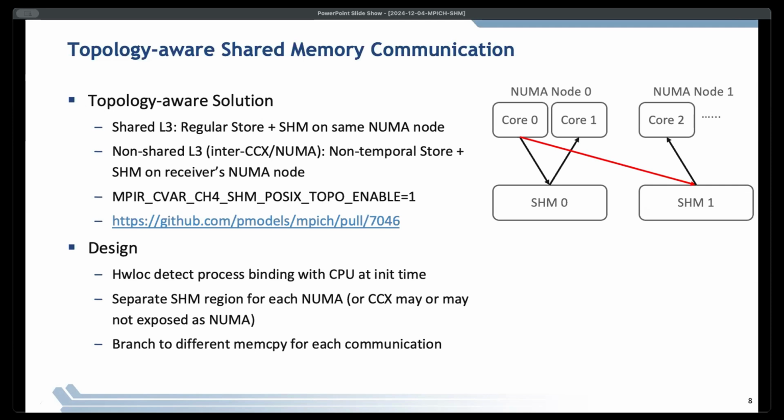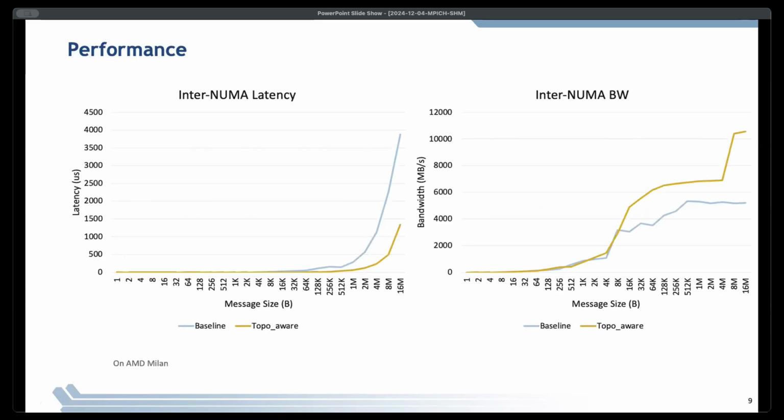So what we achieve here is using this locality information of where the process is, and at each communication, we decide whether to use a regular memcpy or a non-temporal store based memcpy. That's straightforward, and the performance we are getting from it is like this.